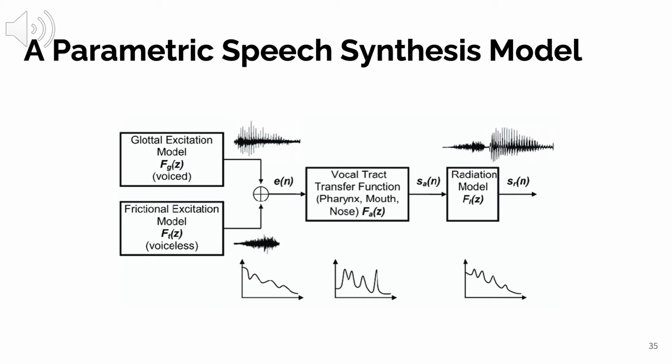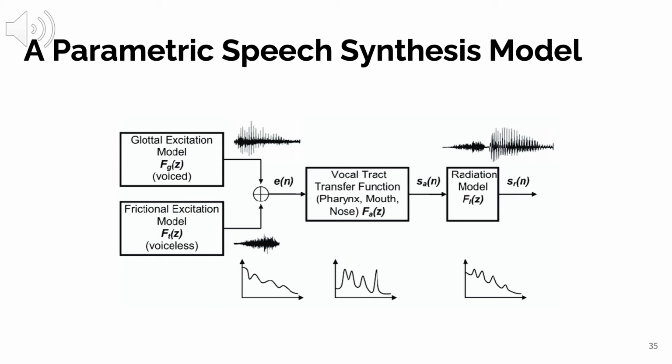You also have, with a glottal excitation model like this, no need to worry about signal processing, because if I want to change the pitch, all I need to do is change the input train to my glottal excitation. I just need to generate a faster or slower combination of pulses, and I will have a higher or lower pitch.